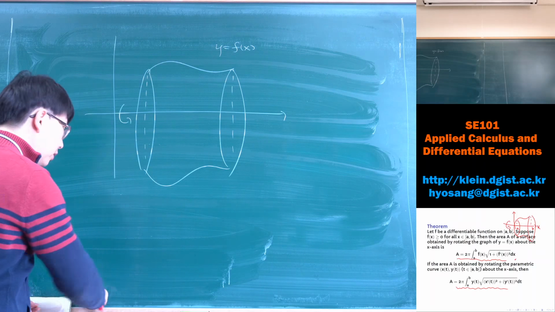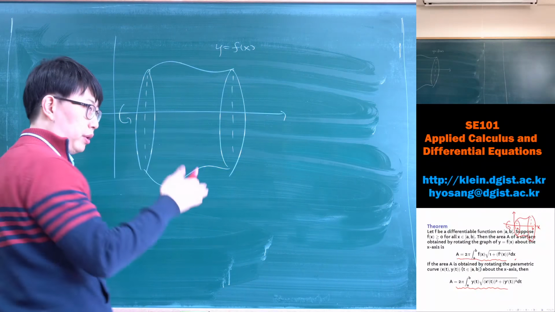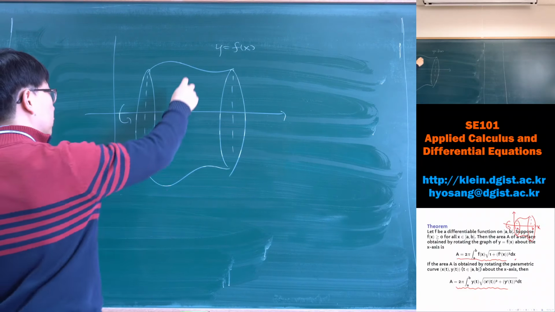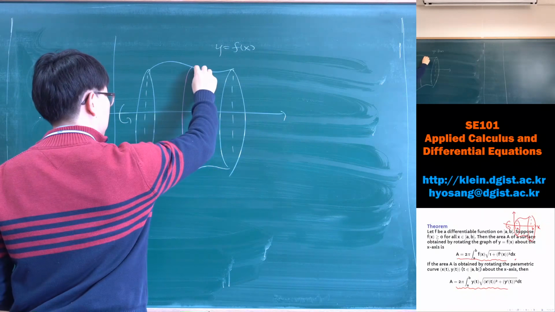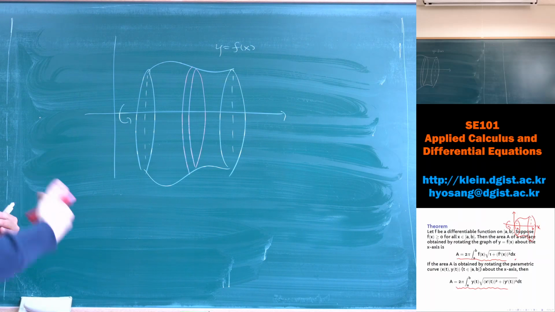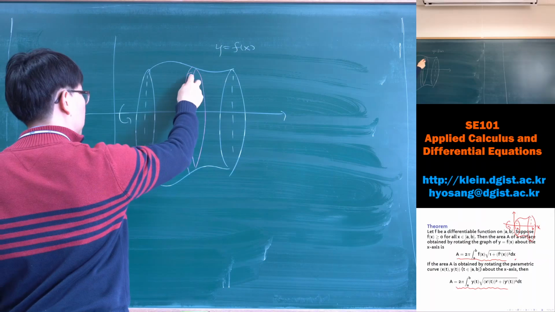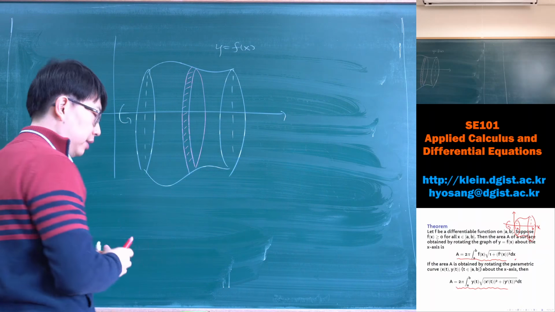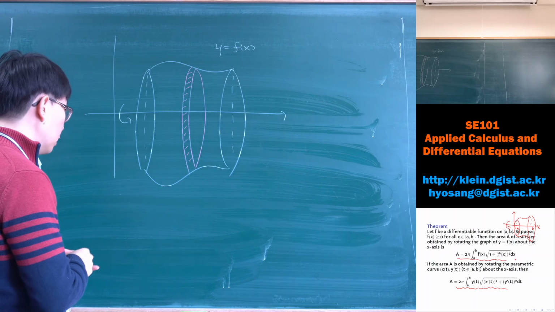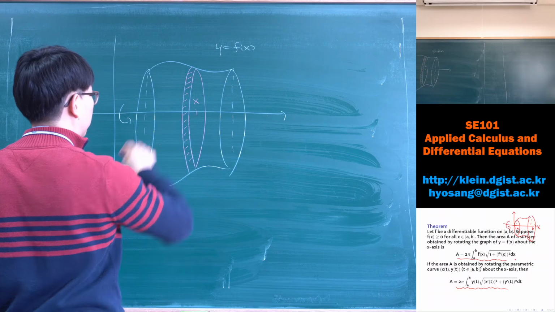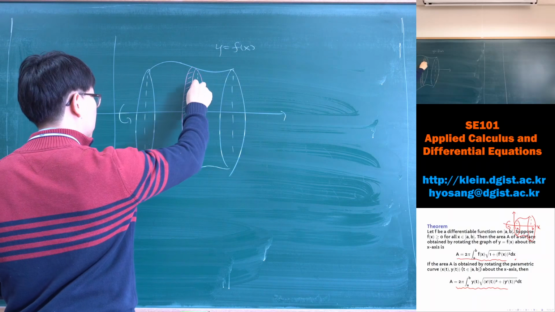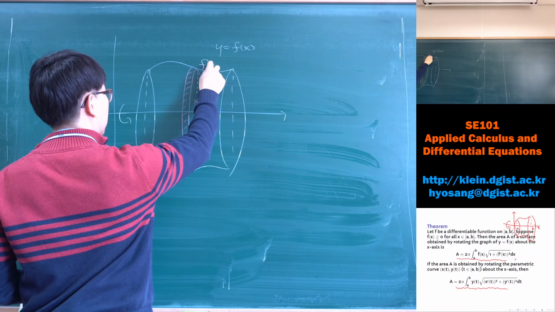When we compute the surface area, we're going to slice the volume into thin slices. So let's take this slice, and then we are going to take the surface area of this slice. We are only taking this thin strip which covers this slice. This slice is at position x, and the radius of the slice is the value of the function, so f of x is the radius.